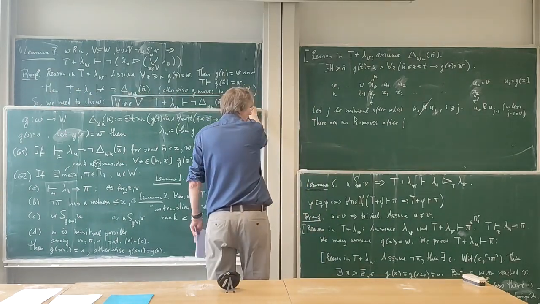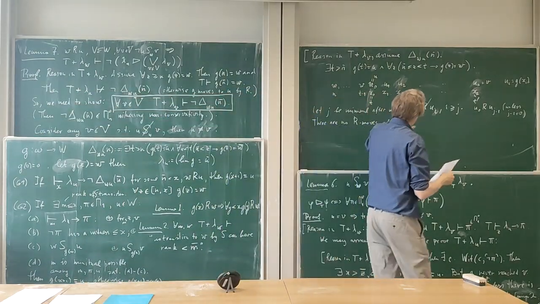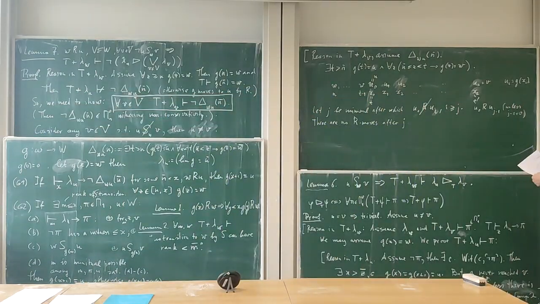So there cannot be any R moves after J. And by the way, J can also be equal to t prime, so equal to k.